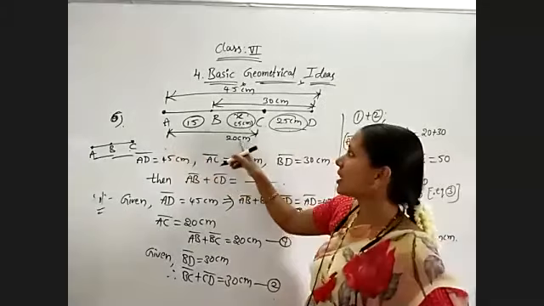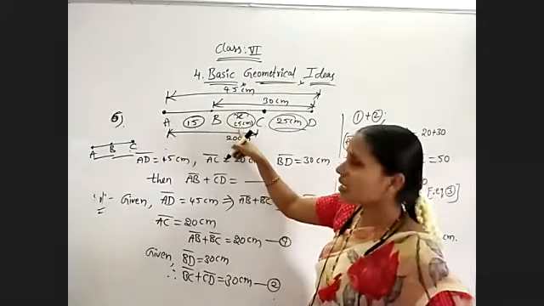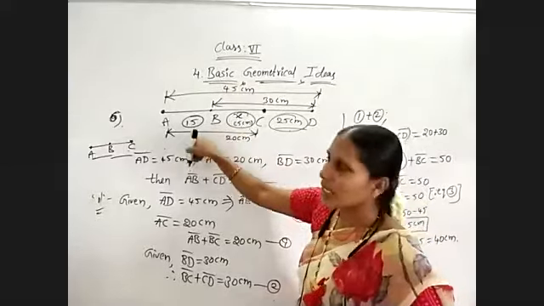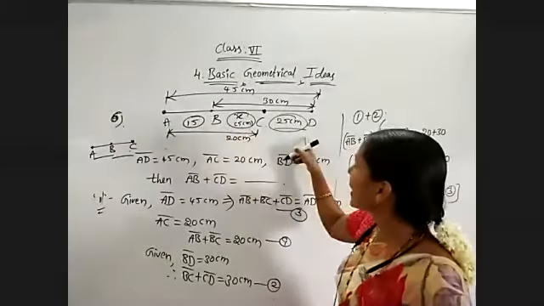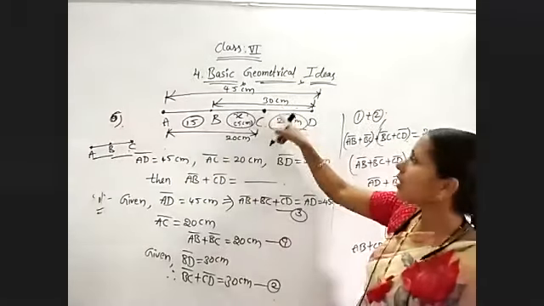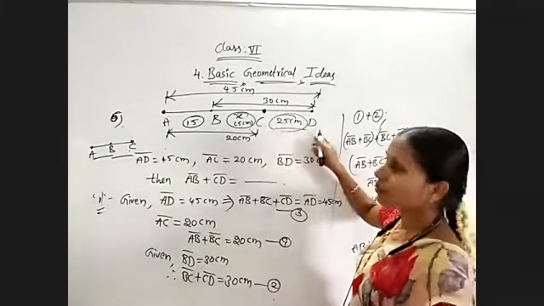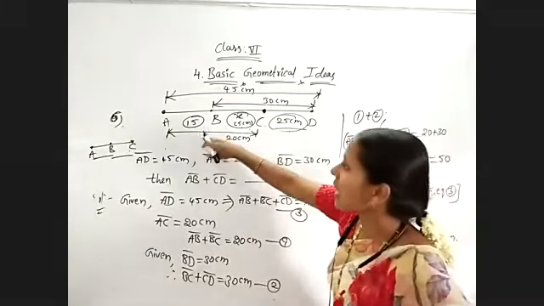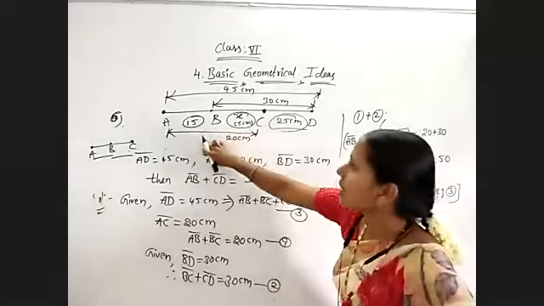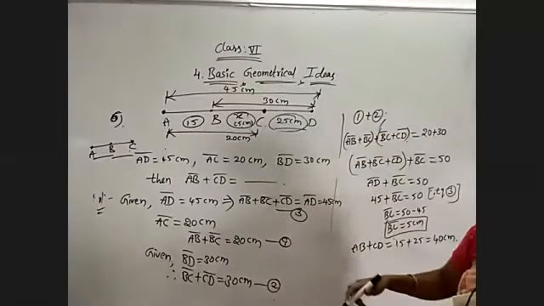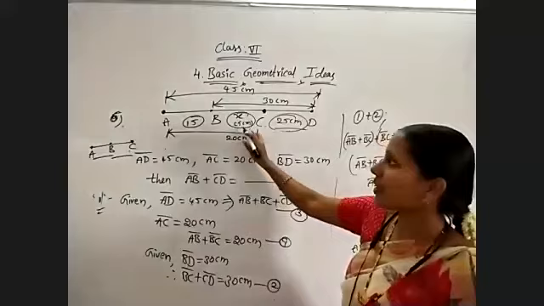Total AC length is equal to 20, in that some part 5 is given, so 20 minus 5 is the remaining part, that is 15. And in BD, the complete portion is 30, BC portion is 5, 30 minus 5, 25 is the CD portion. Now they are asking AB plus CD. 15 plus 25, sorry, 40 centimeters. Complete length 40 plus 5, 45.